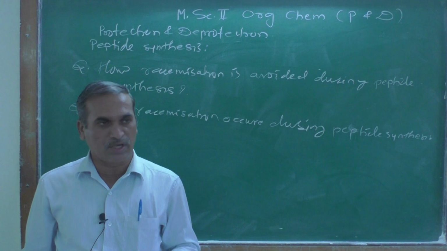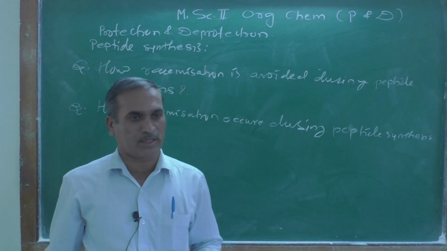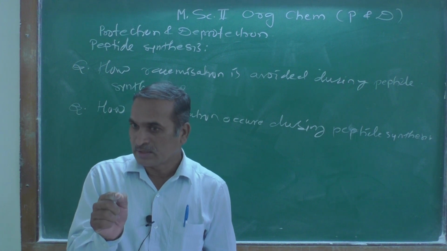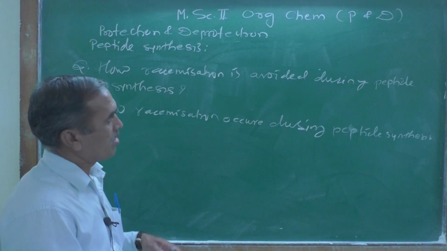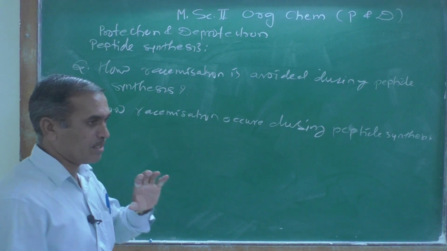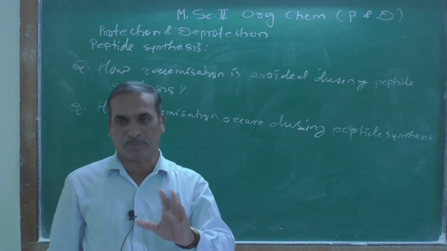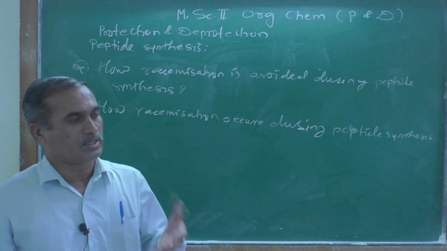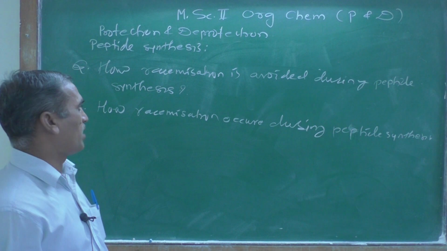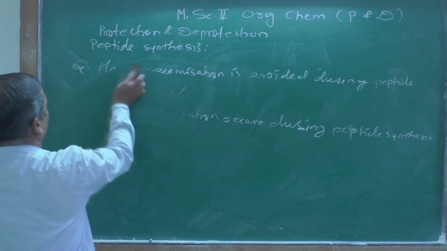But sometimes if you try to protect the carboxylic group and activate the amino group, then there will be racemization. And we know that racemization means what? We get enantiomers, meaning an equal proportion mixture. That type of species is known as racemic. How racemization occurs during peptide synthesis, we already learned.